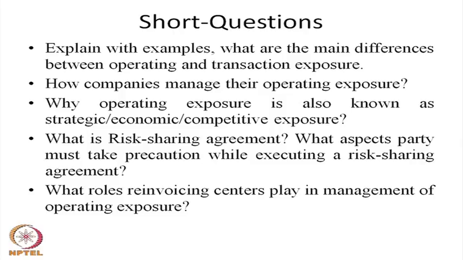These are strategic decisions, and for that reason operating exposure is also known as strategic exposure. And operating exposure affects the long term profitability and the competitiveness of the company, and because of this reason it is also known as competitive exposure.